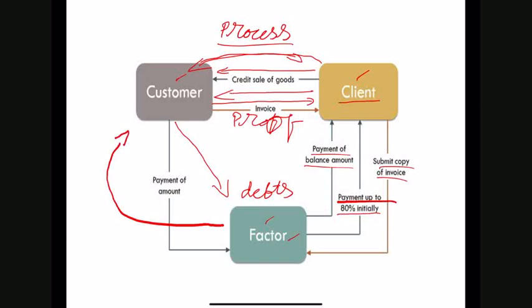He knows how to receive money from the customer. He knows all the means to put a case against the customer, and he will go to court and receive money from the customer unless the customer puts in an IP. If he puts in the IP, no one can do anything. This is the process of factoring.